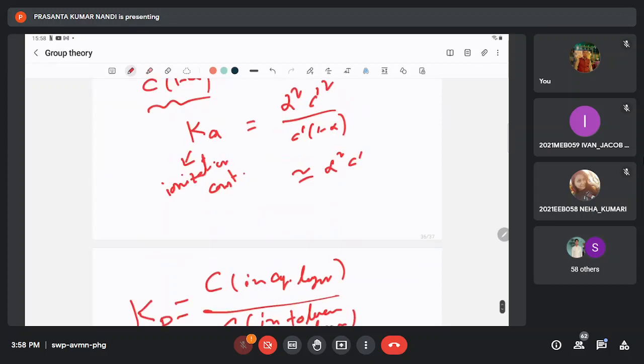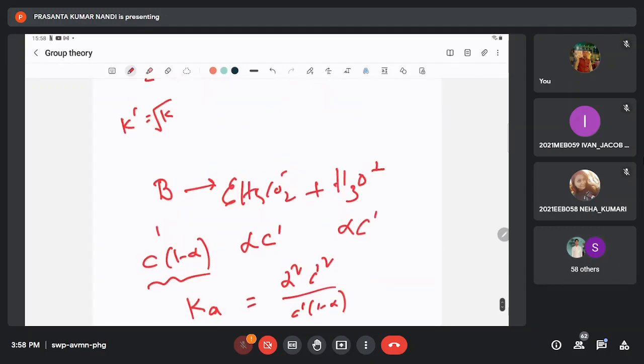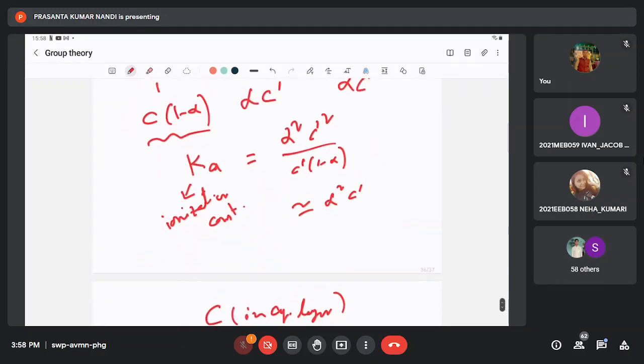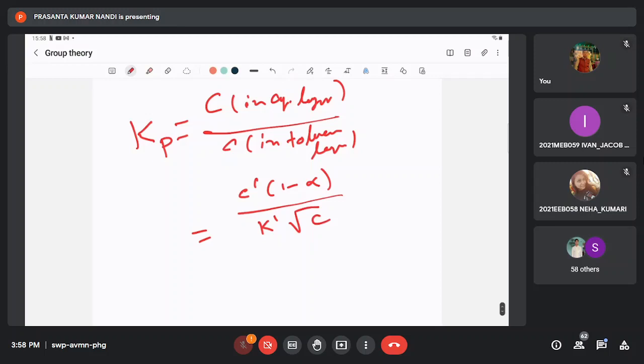So what is C? C is the total concentration. So you can write these expressions, that is how the square root of C appears, because at a given temperature the dissociation constant and all these are constants.